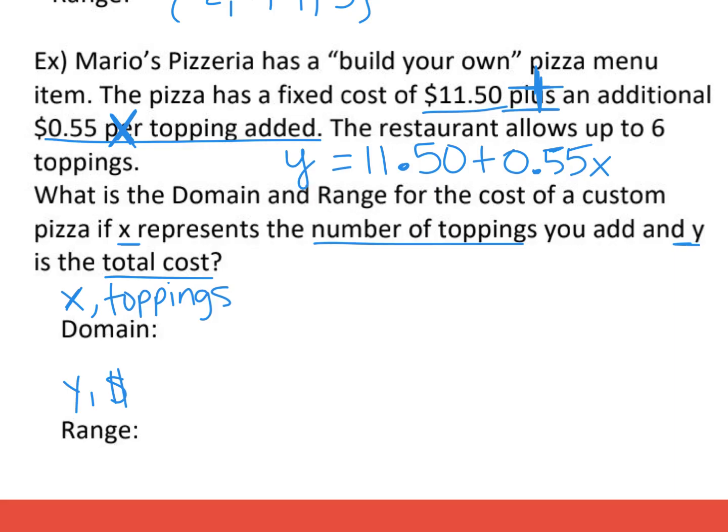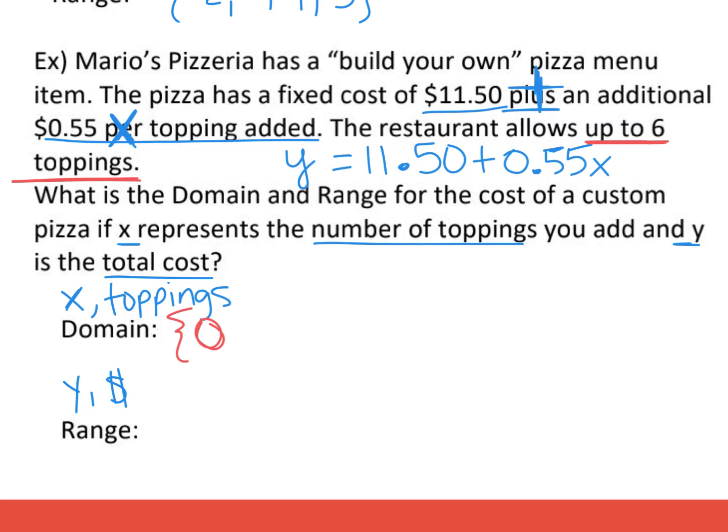This other sentence says that the restaurant will allow up to 6 toppings. Up to 6 toppings. So is that going to deal with our range or our domain? The domain, yes, because it's toppings. So if I want to get a cheese pizza, how many toppings is that? None.